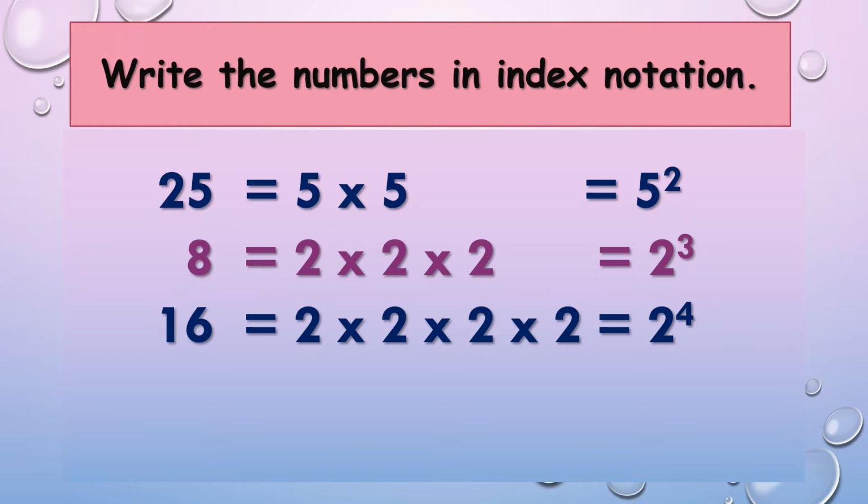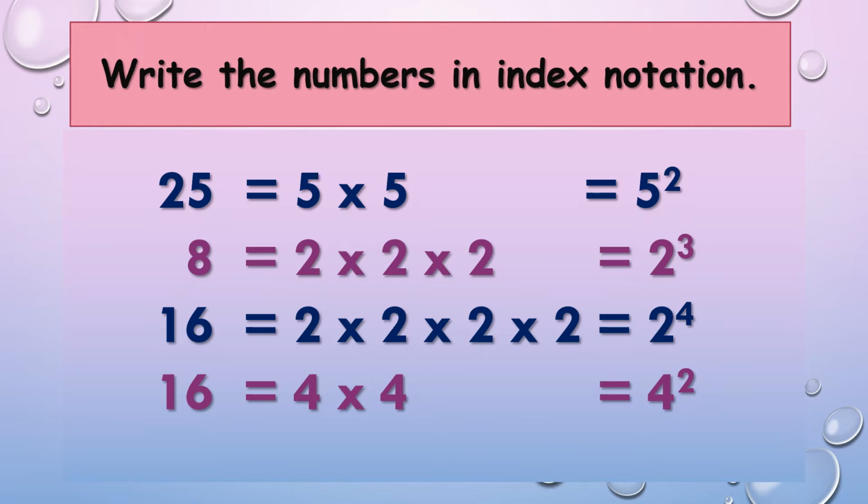There are 4 2's, so it is 2 to the power 4. Then again, if you divide 16 by 4, what happened? Yes, 16 also equals 4 times 4. So it can be written as 4 to the power 2.